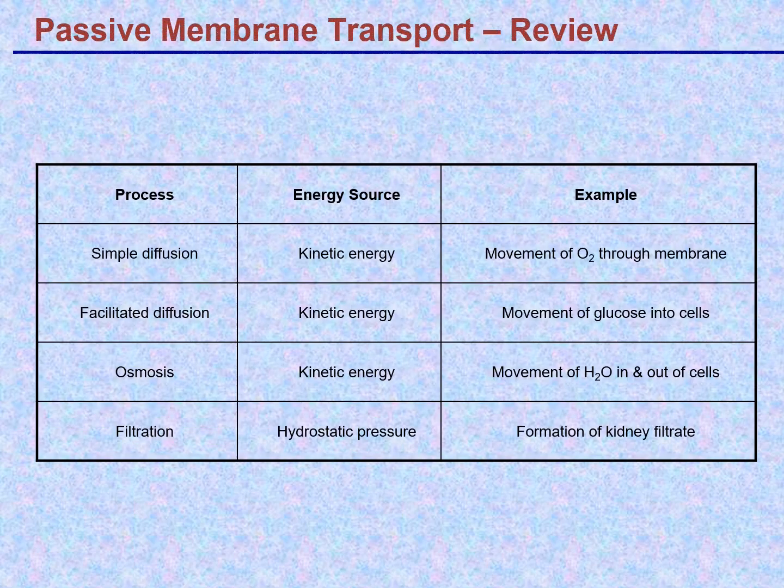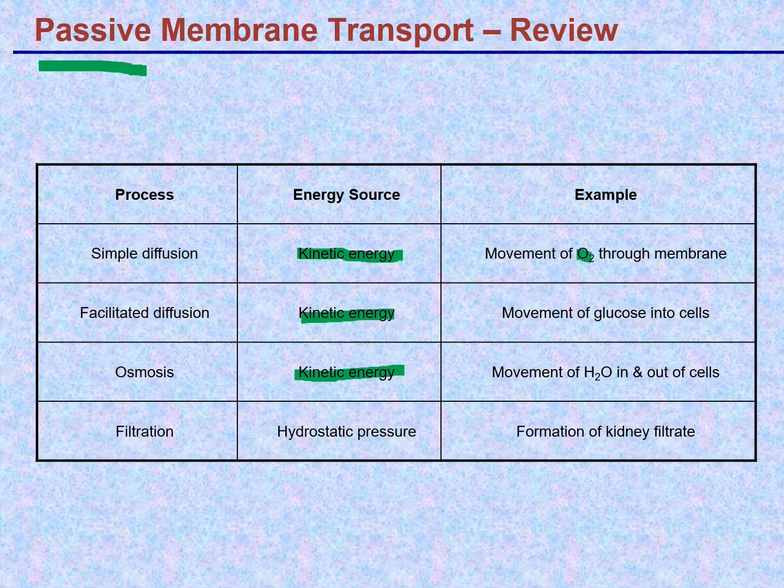So we talked about the passive types of membrane transport: simple diffusion, facilitated diffusion, osmosis, and filtration. The energy source for simple diffusion, facilitated diffusion, and osmosis all involves concentration gradients. An example of simple diffusion would be movement of oxygen through a membrane.